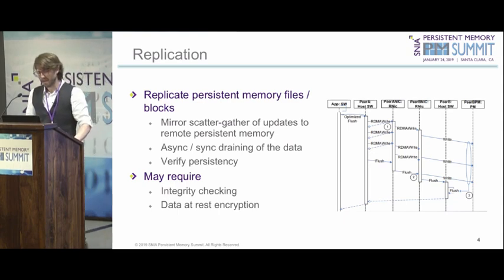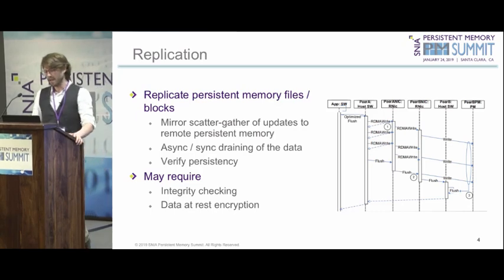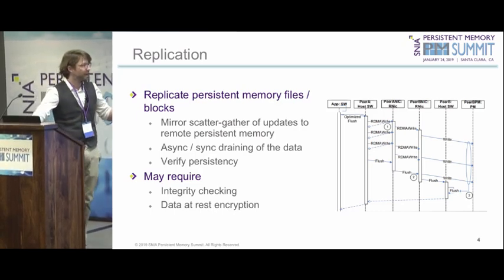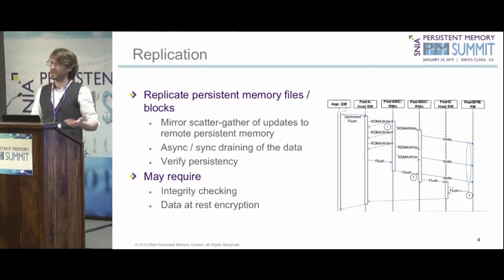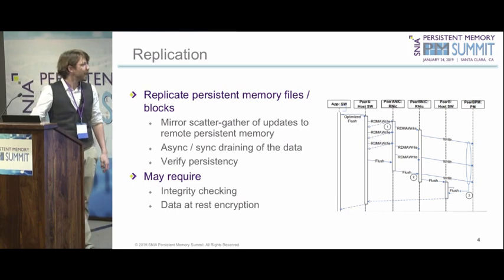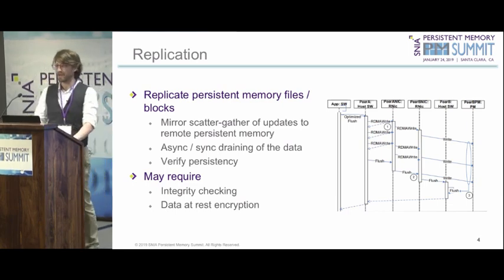It includes several things that have to be done. One, you will probably have a scatter-gather list. Your data will probably be scattered in memory somewhere, and you would need to collect this data and push it to the peer memory.